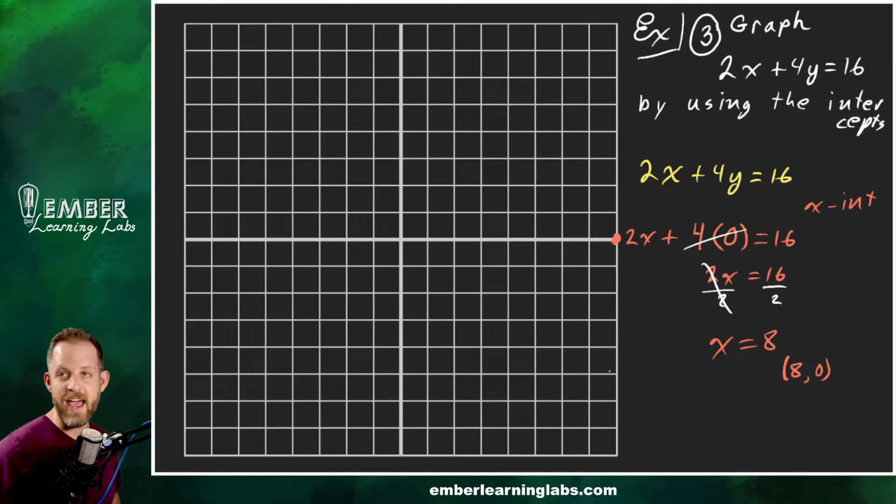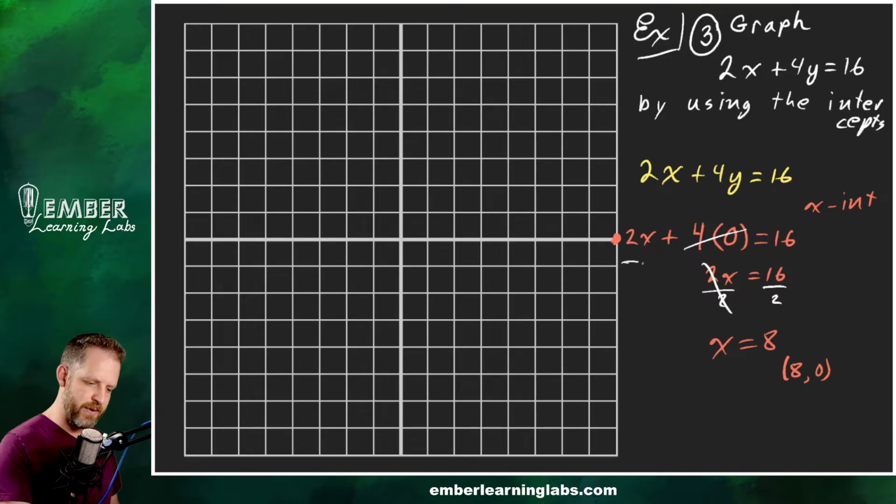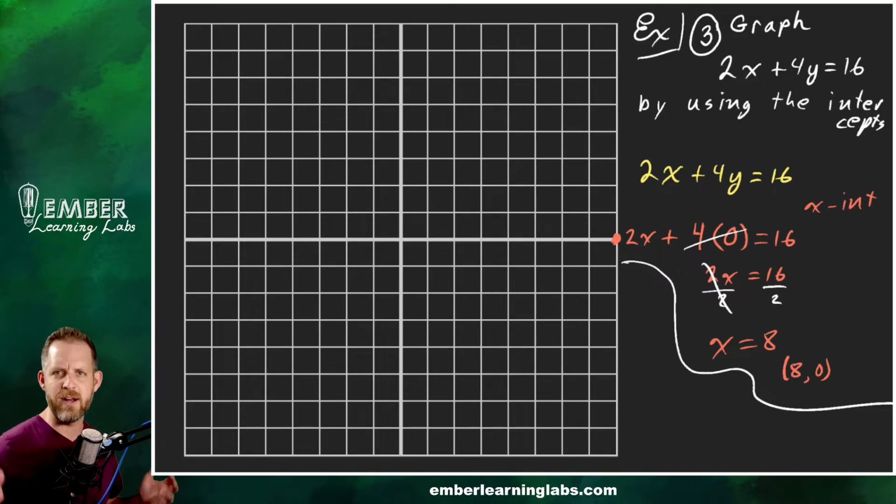So there's the x-intercept. I'm going to squeeze it in here. This is not best practice, and you probably want to keep your notes a little bit neater, but I'm limited on space because I want to try to keep all this in one page for you guys.